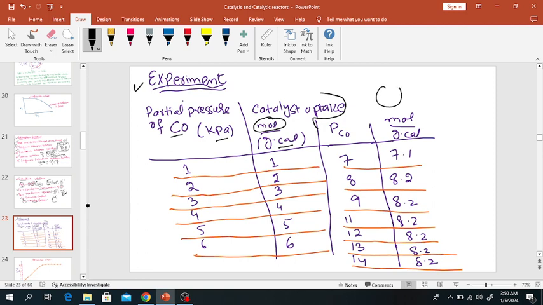This is the catalyst particle, and these are the carbon monoxide molecules attached to the adsorbent, so the unit is mole per gram catalyst.